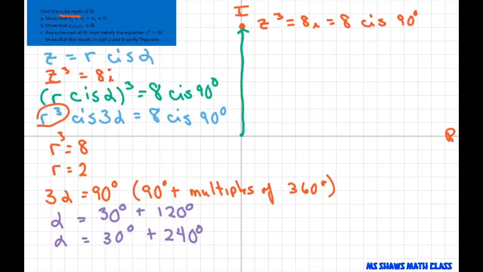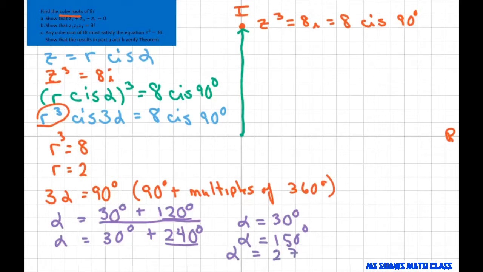So a multiple of 120 would also equal 240. So we have that our alphas are going to equal 30 degrees, 150 degrees, because this equals 150, or alpha equals 270 degrees.